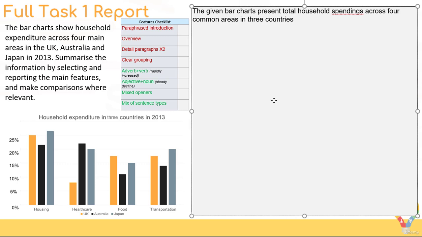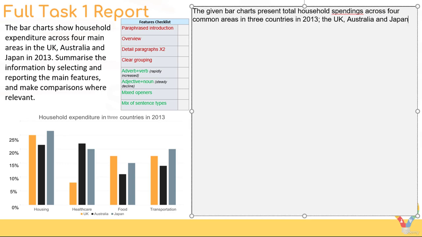And here I will use a semicolon to begin a list. The UK, Australia, and Japan. Across 3 countries. And let's add the date as well, in 2013.